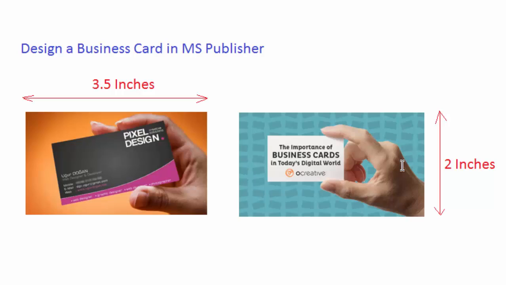When you take the design to the printer, what they normally do, they take one sheet of card, print the front face on one side of the card, then at the back of the card they print the other face. Then they will take it to a special machine for cutting the card into smaller pieces.